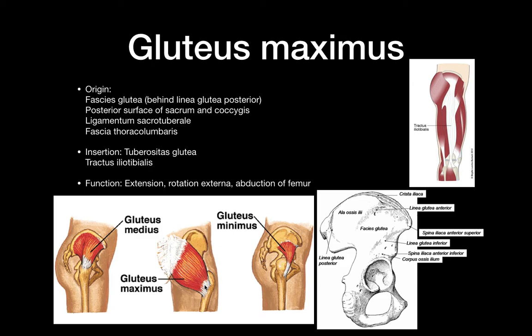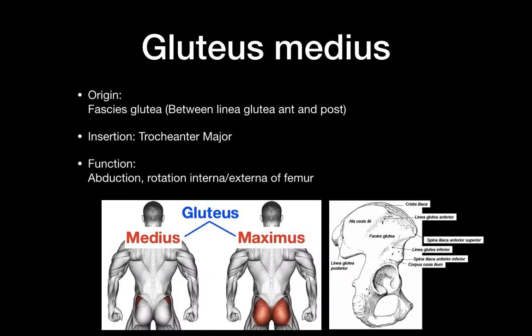And the function of this muscle is extension of the femur, external rotation, and also abduction of the femur. I'll go over to Gluteus Medius. Gluteus Medius originates from Facies Glutea, more specifically between linea glutea anterior and posterior.